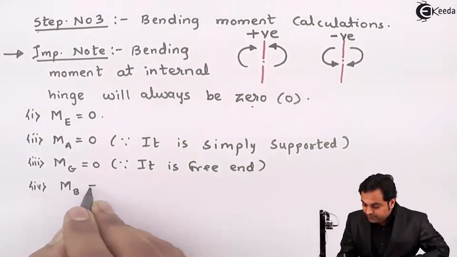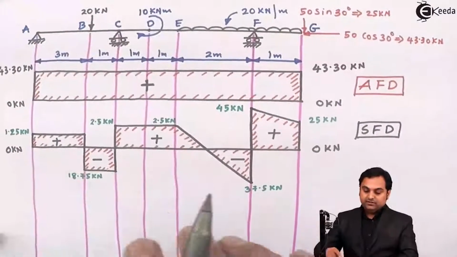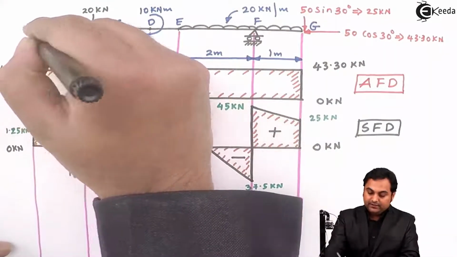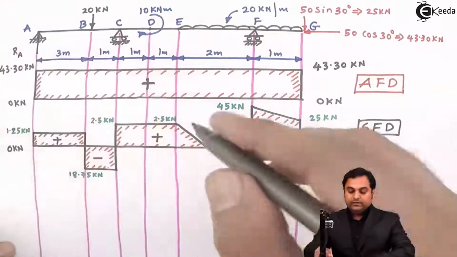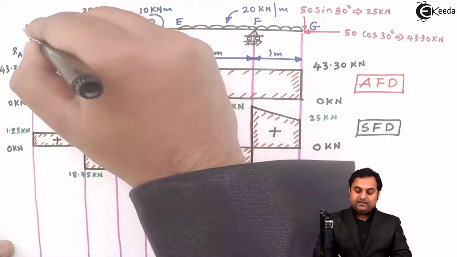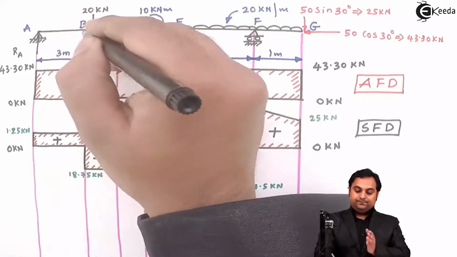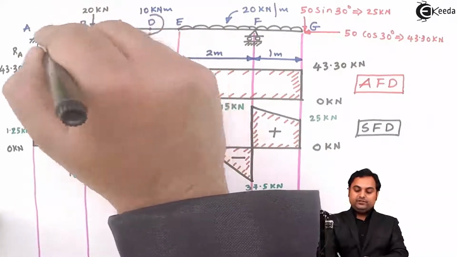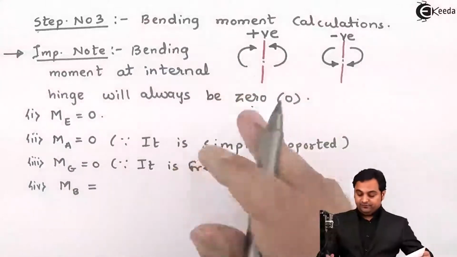Moment at point B will be equal to, now here if we see at point A there is a reaction called RA, reaction at A. Now when I take the moment at B, this RA will be coming in clockwise direction and it is to the left of B. So a clockwise moment on the left hand side of the section is treated positive.